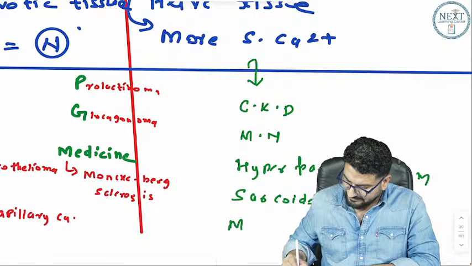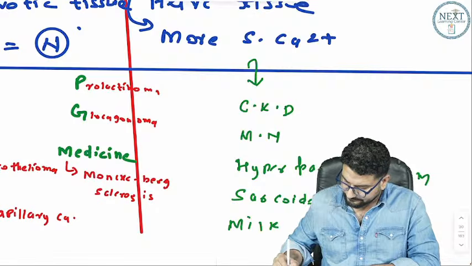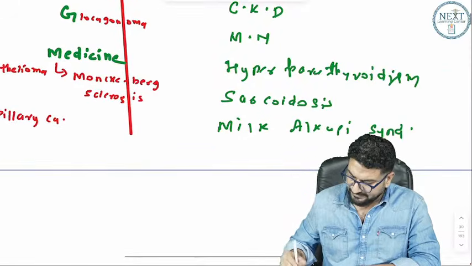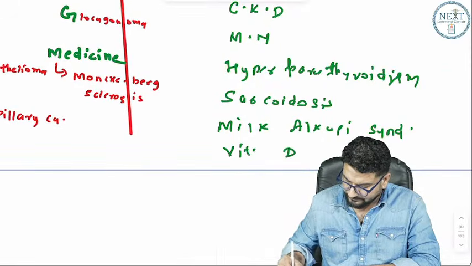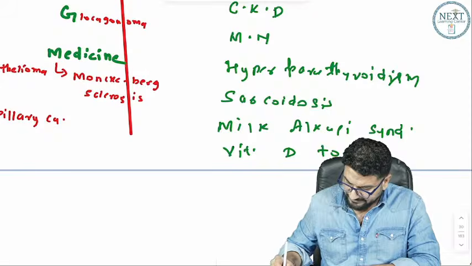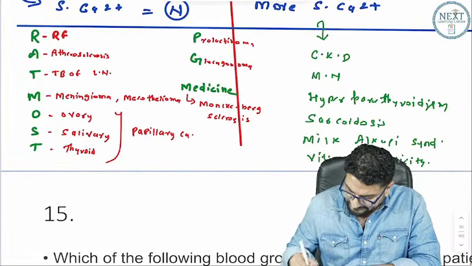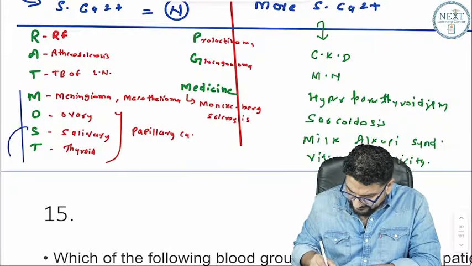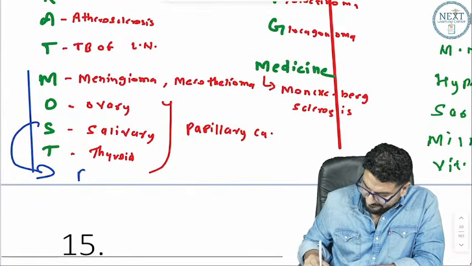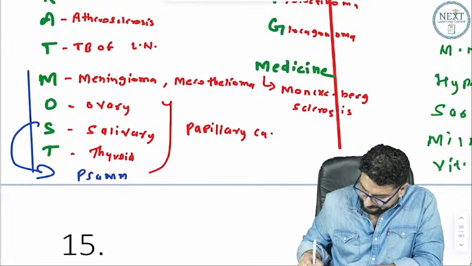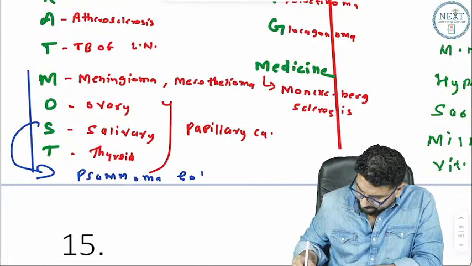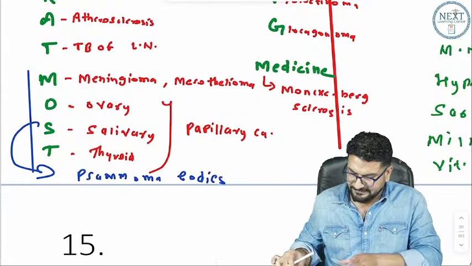Then we have milk alkali syndrome. Then we have vitamin D toxicity, vitamin D intoxication. This is most important because in most of these we have Psammoma bodies, some of bodies. So let's see now the question.